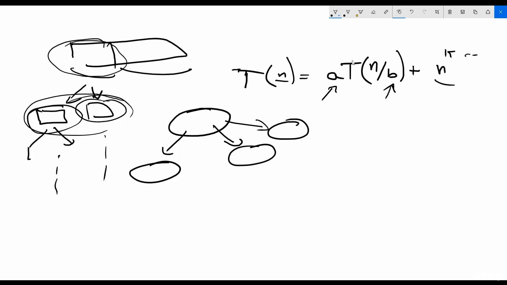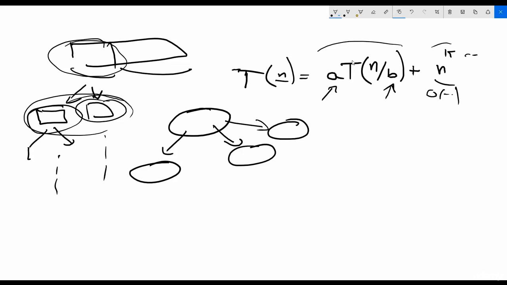And the n to the k, or it could be any complexity, basically, that's O of something, that's the complexity of merging or combining the subproblems together. So we make the division, we divide problems into smaller subproblems, and when we combine them together, we combine them with some algorithm that has complexity n to the k.